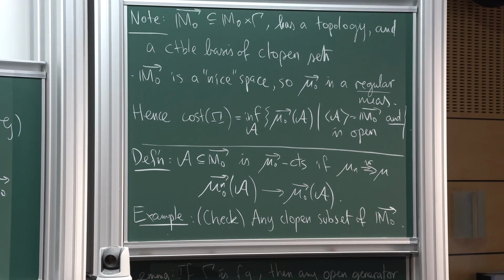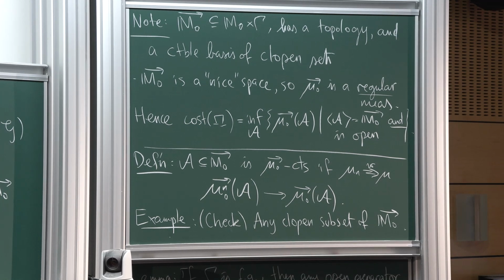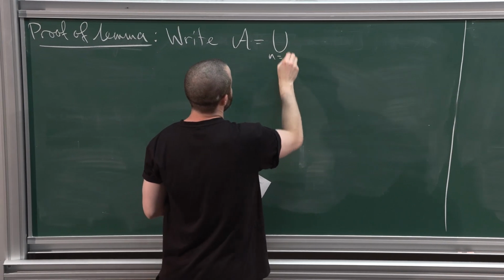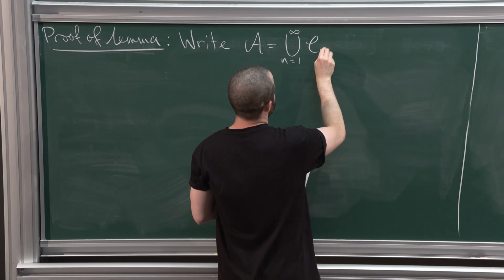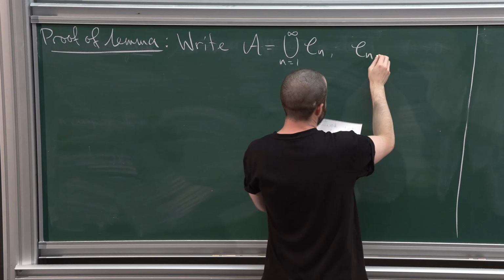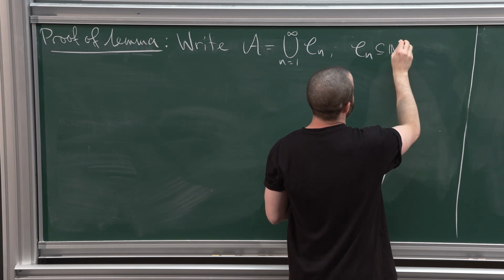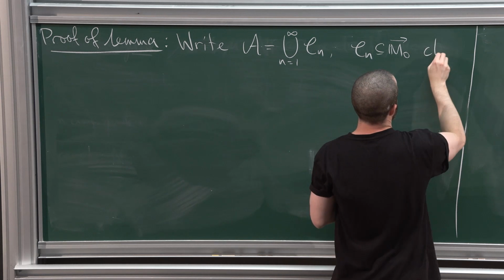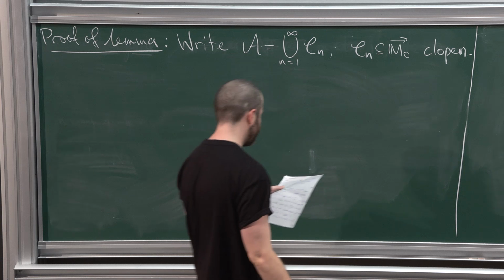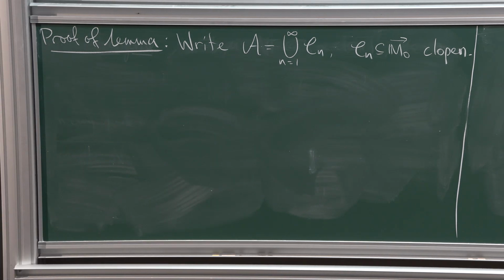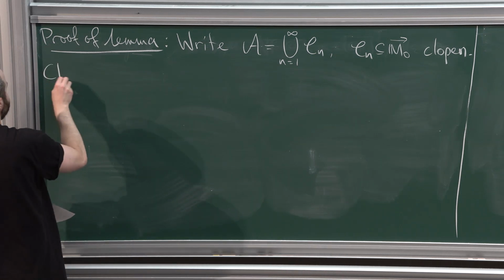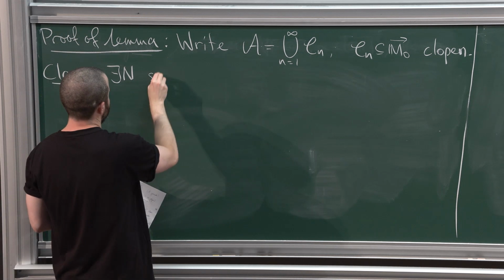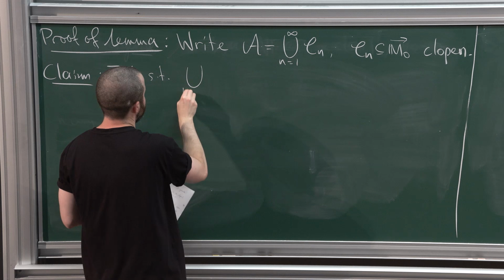Okay, so it seems like the right thing to do would be to write this open generator A as some union of C_n's, where C_n is just an open Clopen subset at this point, right? Okay. And so the claim is that if you crop this at some point, you end up with an actual generator.